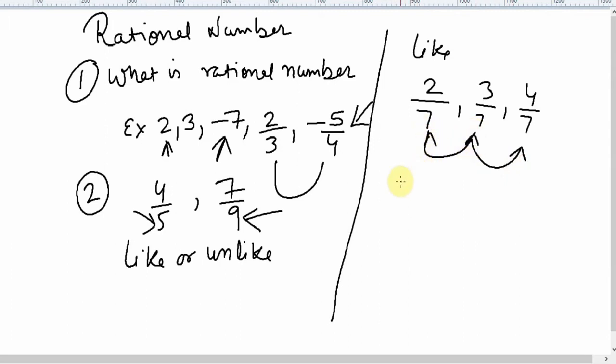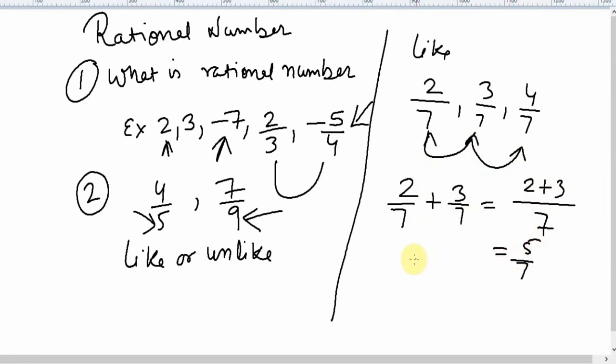So like means same denominator, and when they are like, if you are asked to find their sum, we simply write the denominator 7 and add the numerators. Simply we will get 5 by 7. So we can add or subtract like fractions.